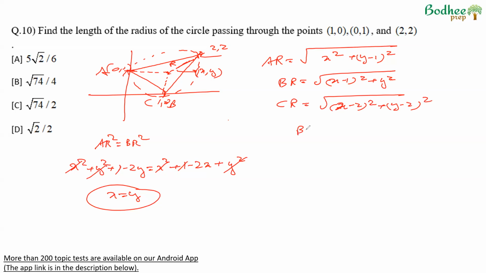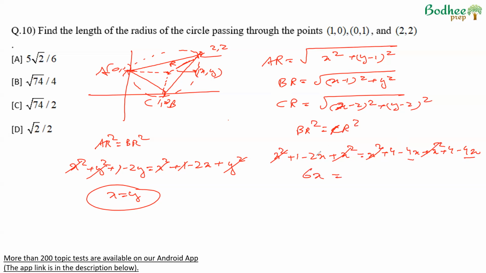Now if we equate BR square and CR square and put x equal to y, we get x square plus 1 minus 2x plus x square is equal to x square plus 4 minus 4x plus x square plus 4 minus 4x. x square cancels.